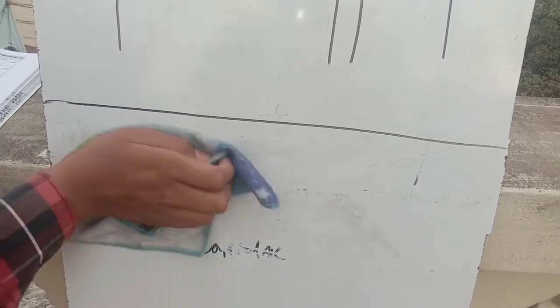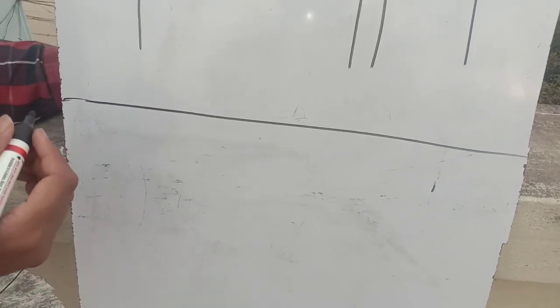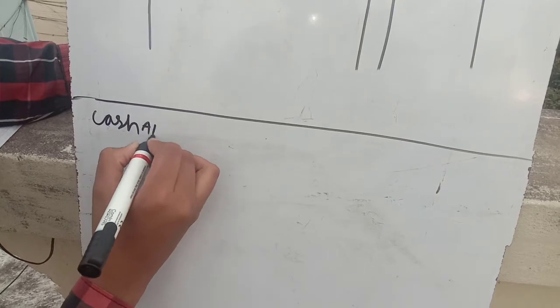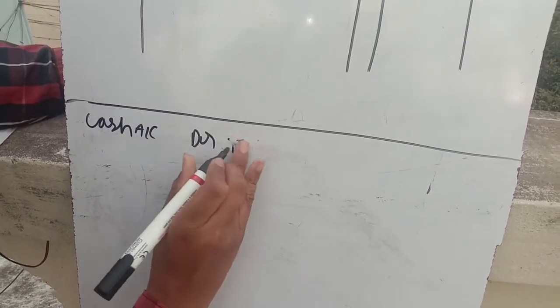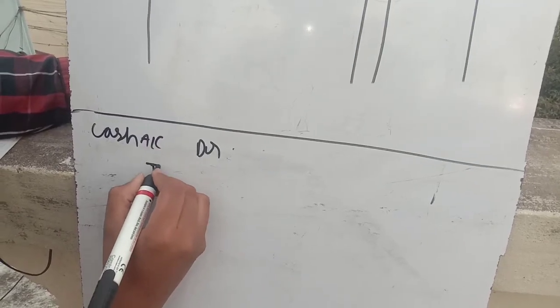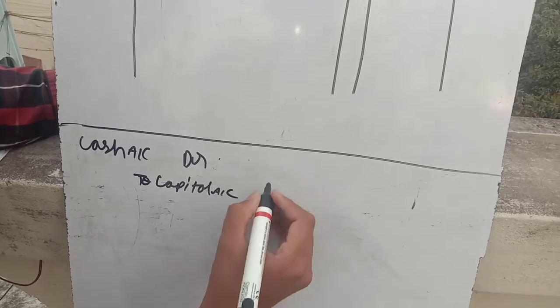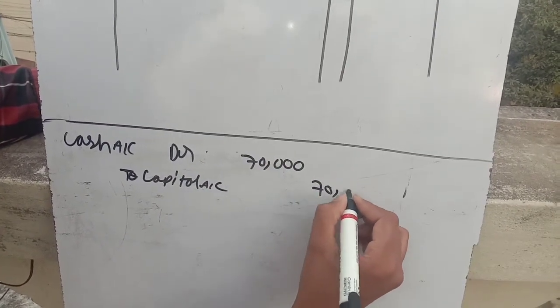So we will divide this compound entry into two entries. The first entry will be: cash account debit to capital account, 70,000 and 70,000.